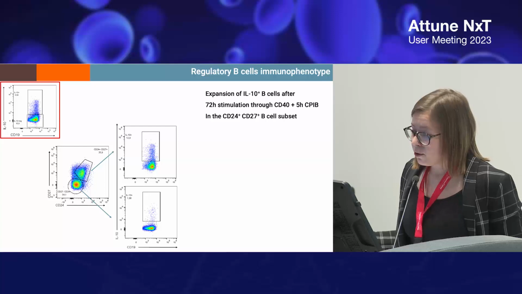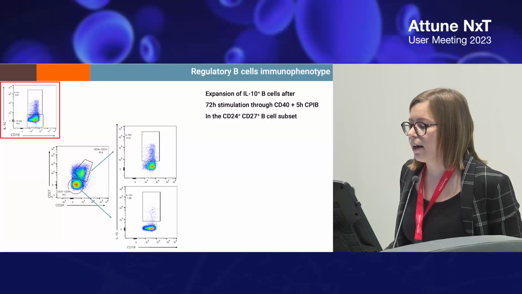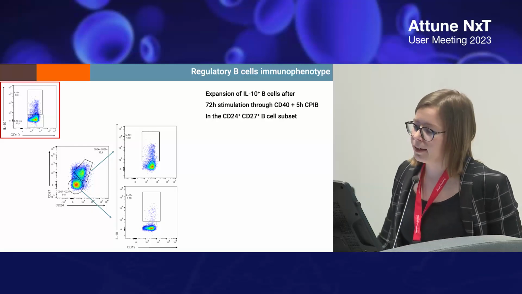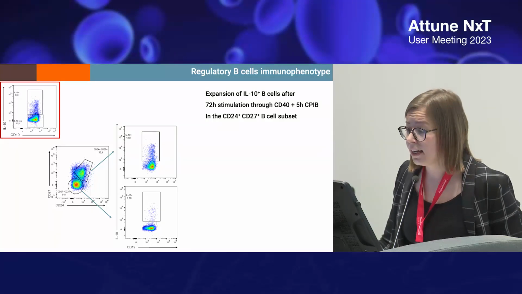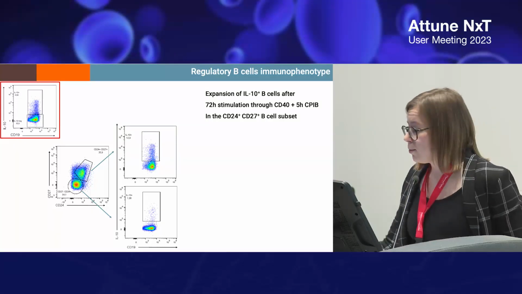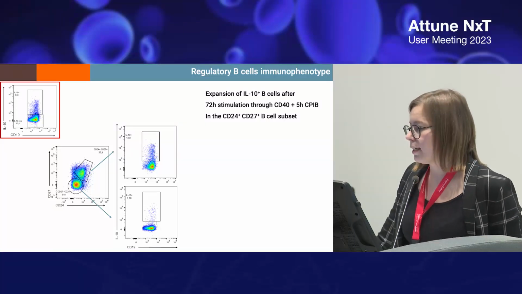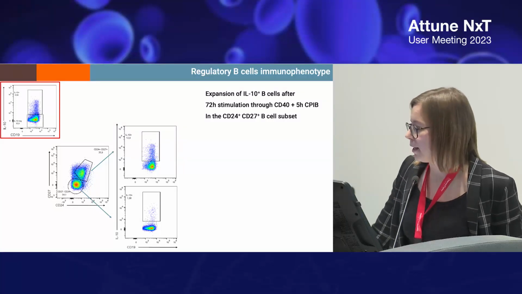You can also, of course, expand your BRAGs in vitro, and the protocol that we use to obtain 6 to 8% of IL-10 positive B cells is 72 hours of stimulation through the CD40, plus, of course, the addition of 5 hours of CpG, ionomycin, and PMA.